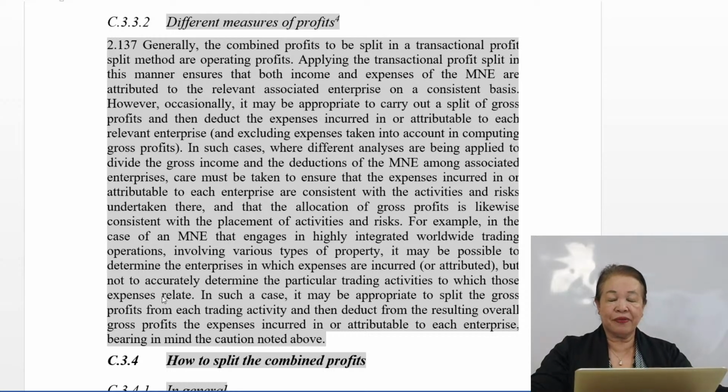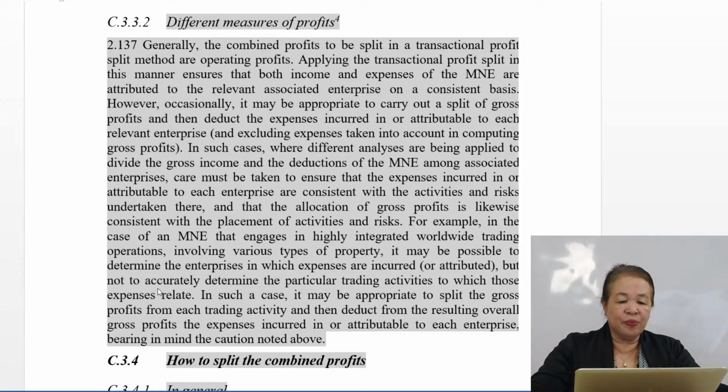Kasi dito sa profit split, napaka-importante that we determine the profits. At kaninong profits yun? Profits ng mga members of the group. No? Kung sino yung participant of the group, napaka-importante na ma-determine natin yung kanilang profits because yun ang i-combine natin and yun ang paghahati-hatian, no? And that paghahati-hatian is dependent on their participation, no? Doon sa how the profit was generated, no?